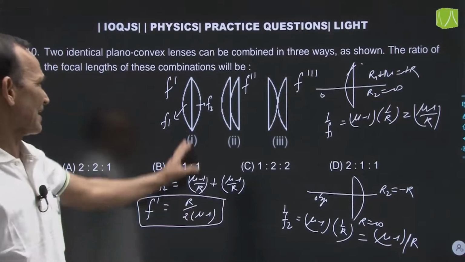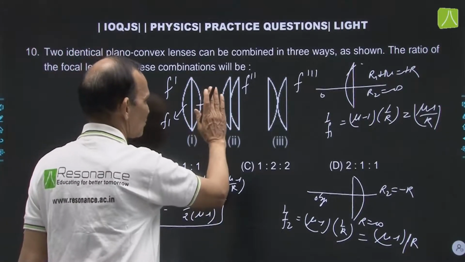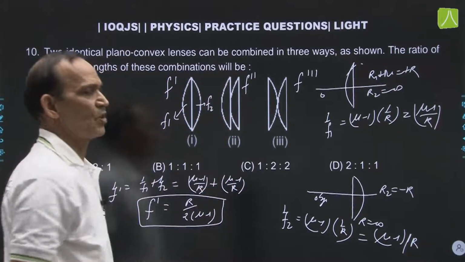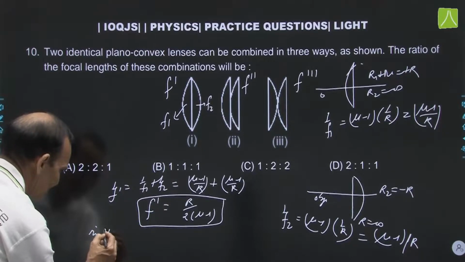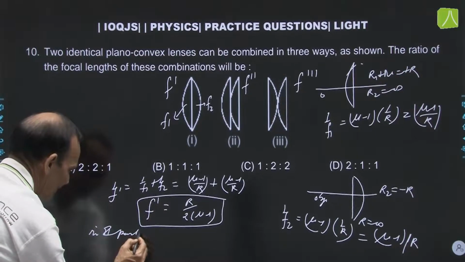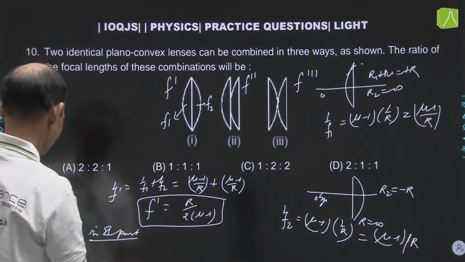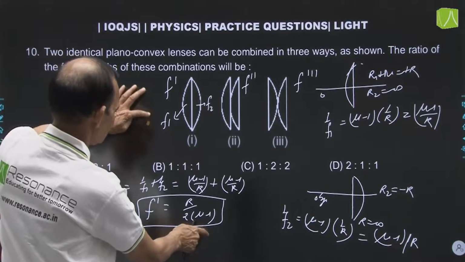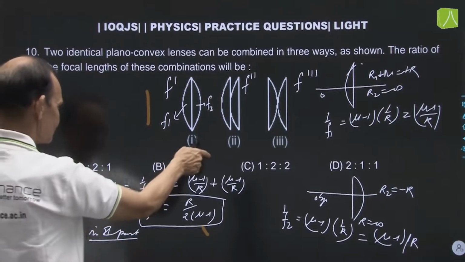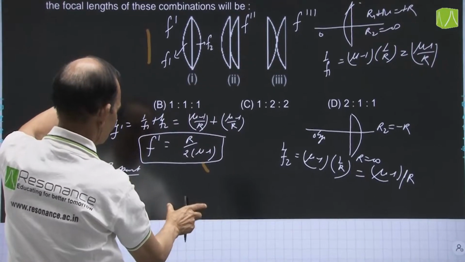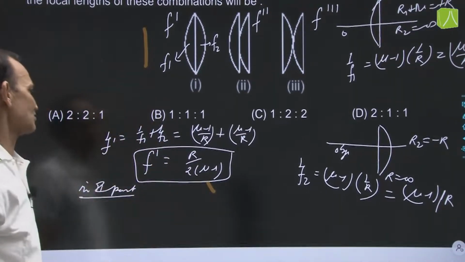Now think about the second part. These are the two, f1 and f2, a combination of f1 and f2. Think about the second part.